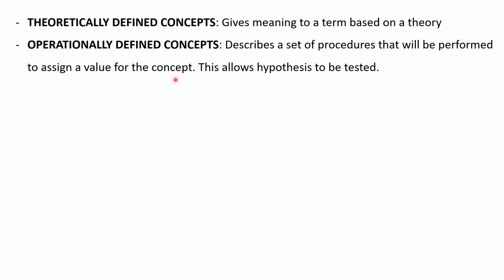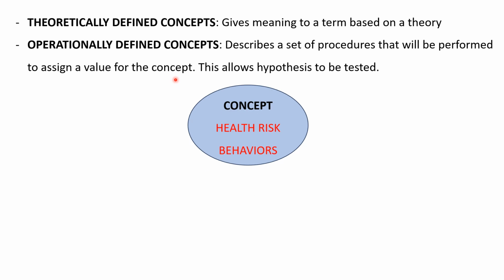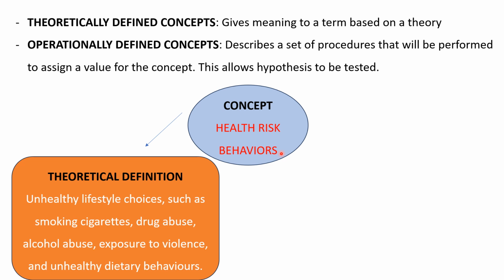Let us see theoretically defined concepts and operationally defined concepts with an example. Health risk behavior is a concept. When it is theoretically defined, it is unhealthy lifestyle choices such as smoking cigarettes, drug abuse, alcohol abuse, exposure to violence and unhealthy dietary behaviors.